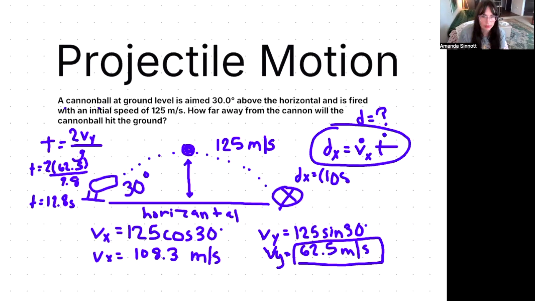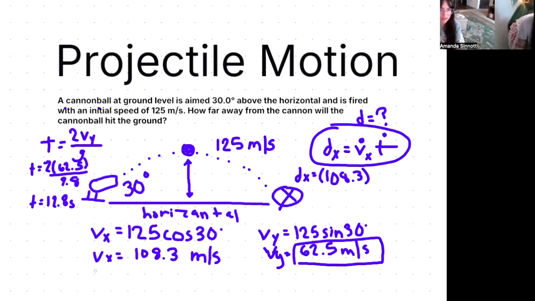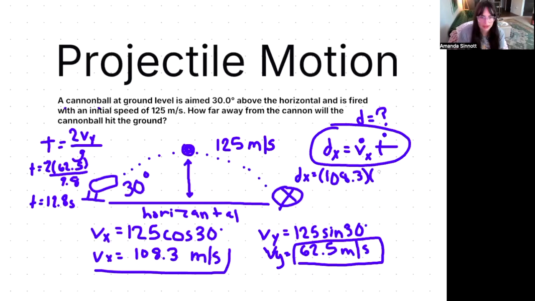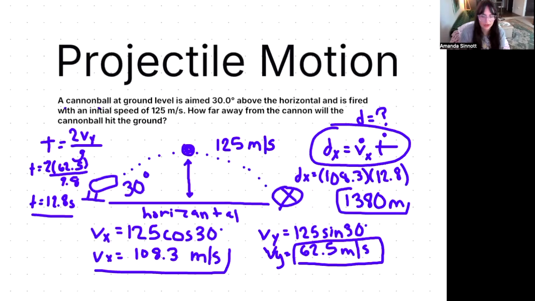So this 108.3, we have that from solving down here. And then our time, which is the 12.8, we just found and solved for over here. Multiply those two together and you will get 1,380 meters is how far it traveled.